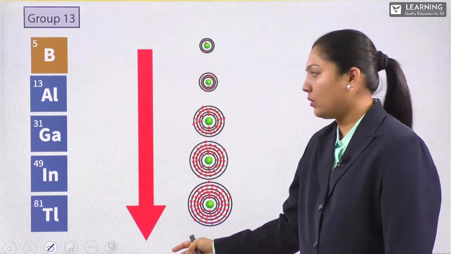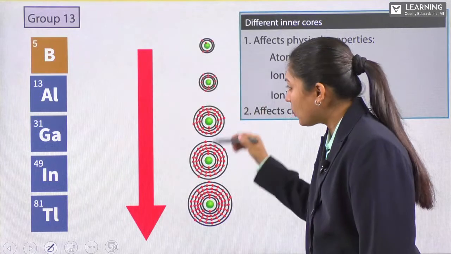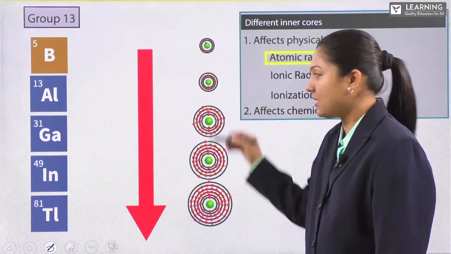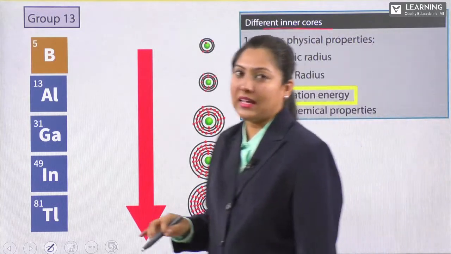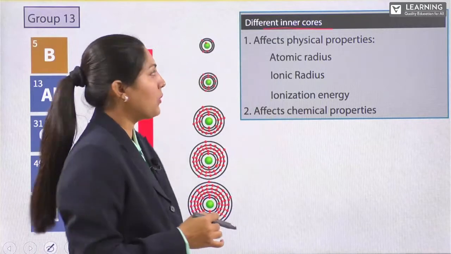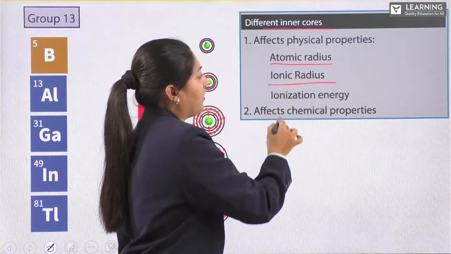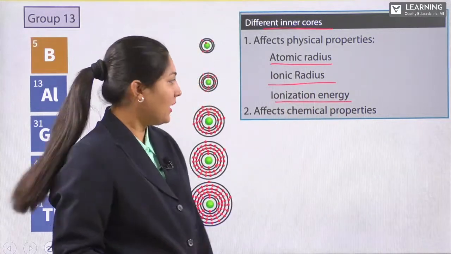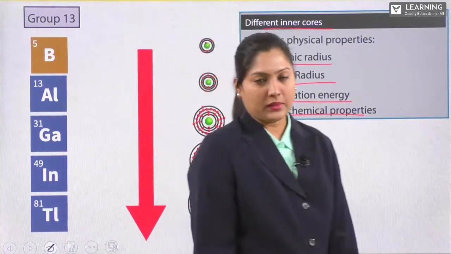Down the group, as we know, size increases, and the core electrons will also increase, right? They differ in inner core electrons, and that affects the physical properties like atomic radius, ionic radius and ionization energy, along with some of the chemical properties.